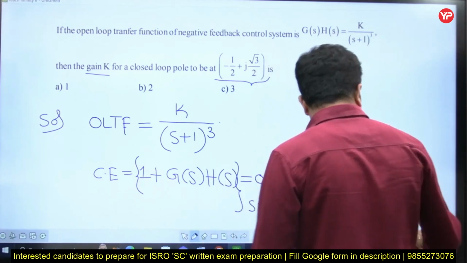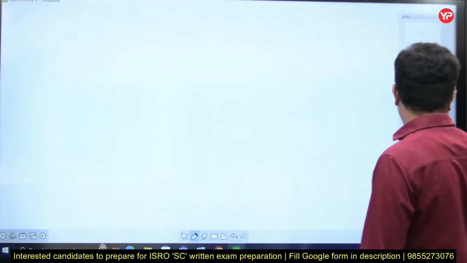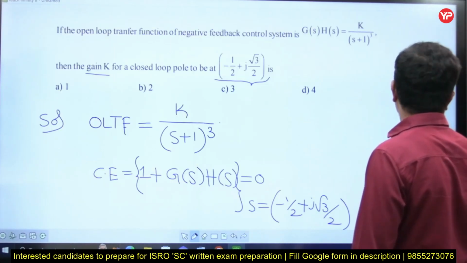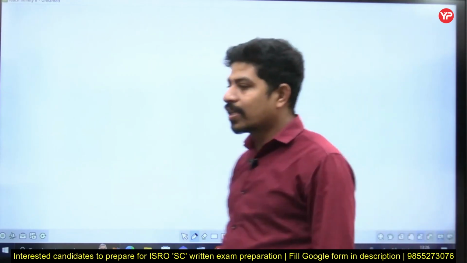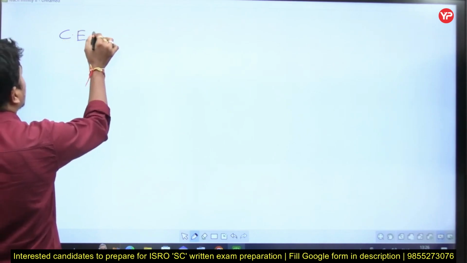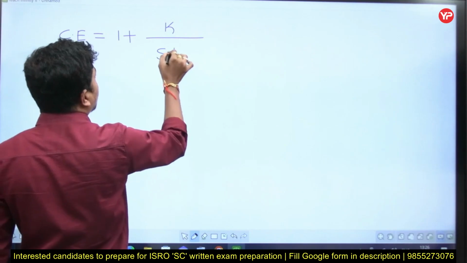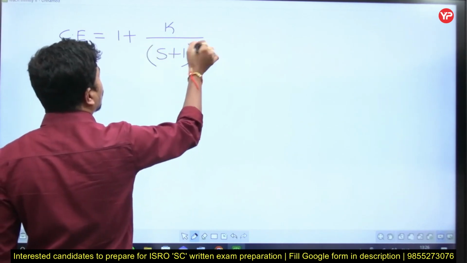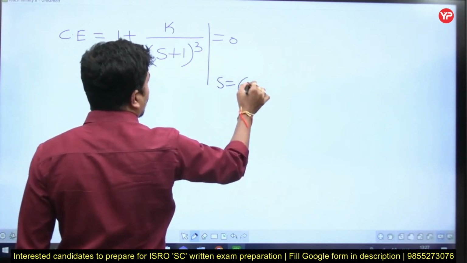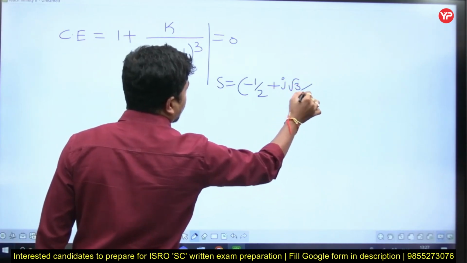Observe it carefully, a simple calculation. I have the open loop transfer function, so the characteristic equation is 1 + K/(s+1)^3 = 0 at s = -1/2 + j√3/2.